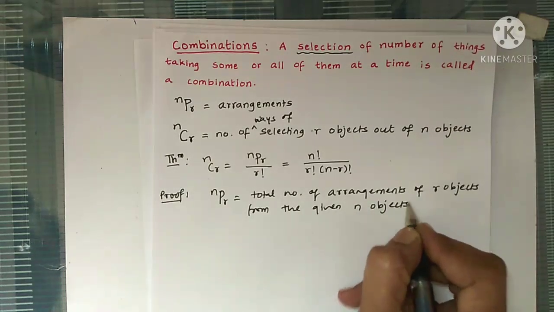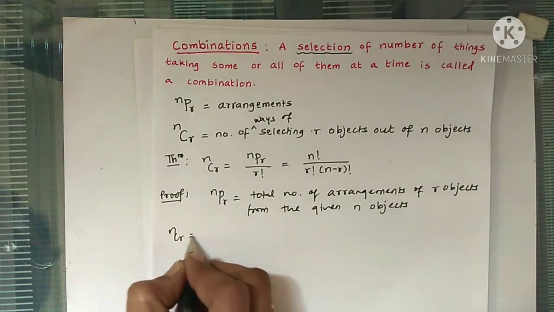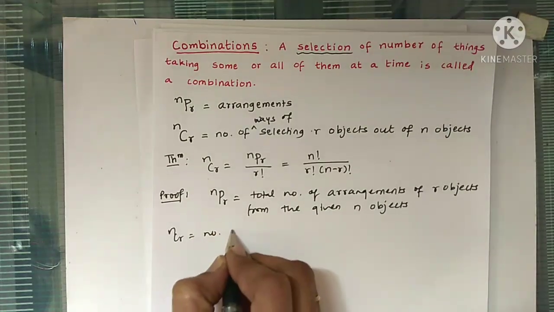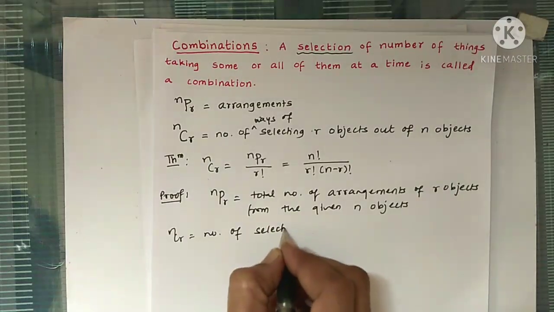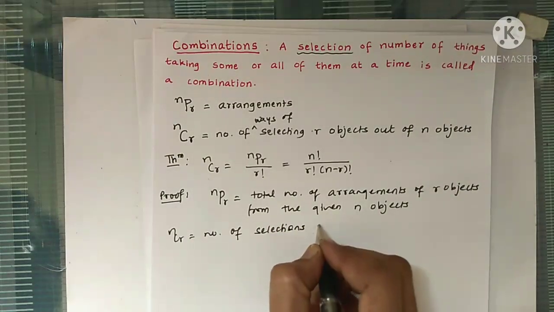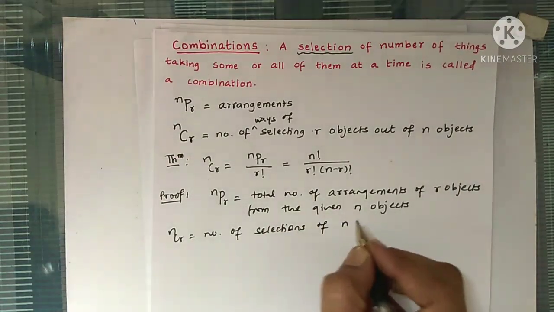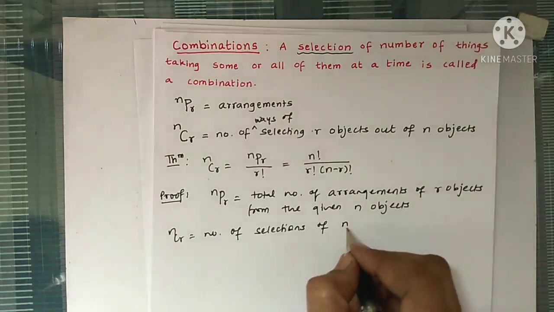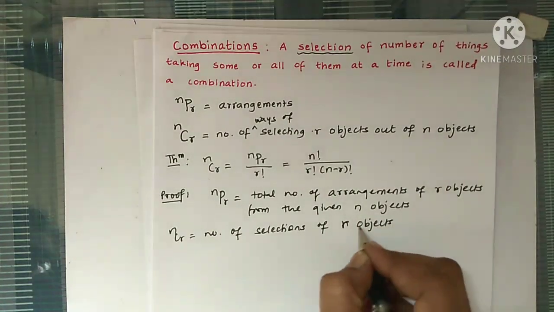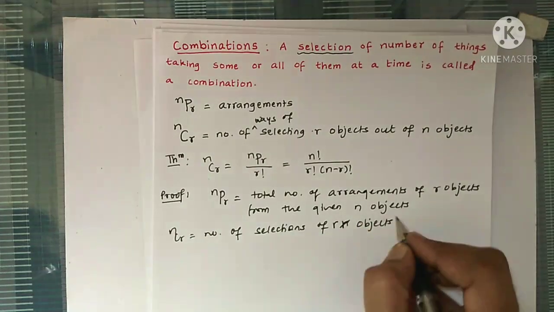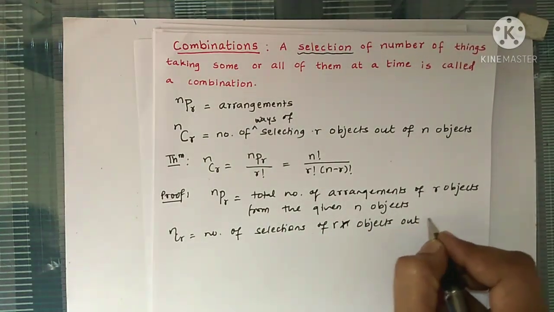Now nCr is the total number of selections of r objects out of n objects.